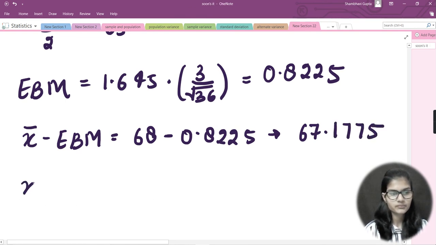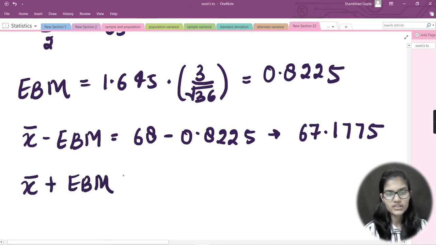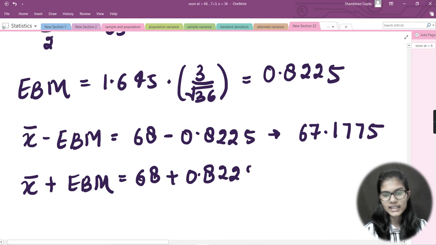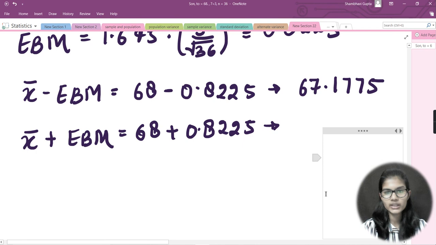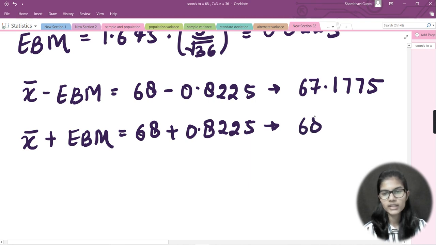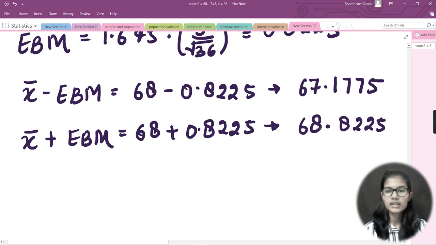And x bar plus EBM is 68 plus 0.8225, so the addition is 68.8225. This is how you can find out the values.